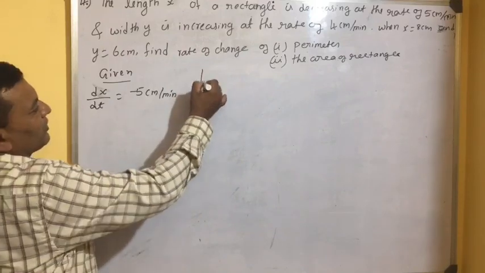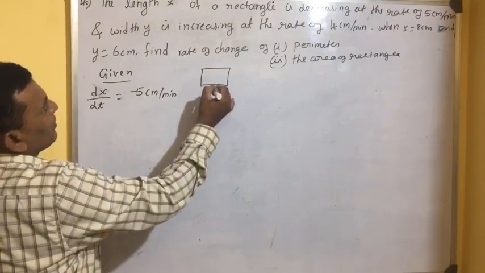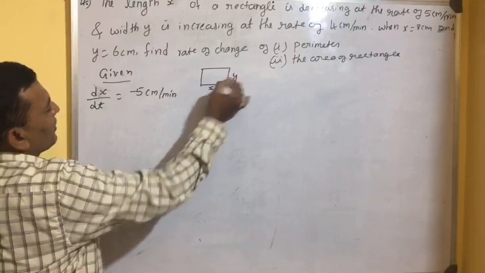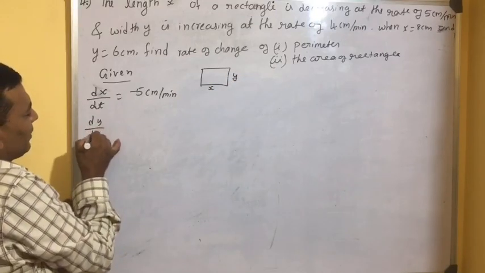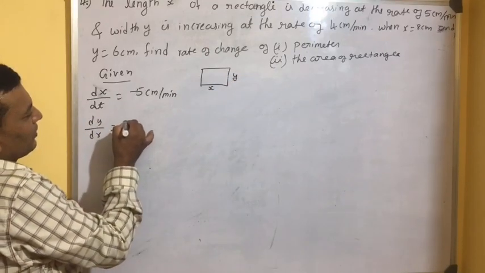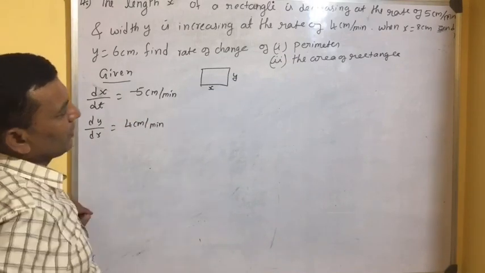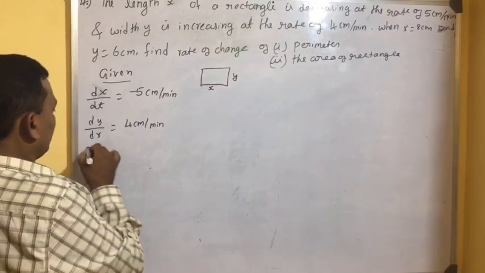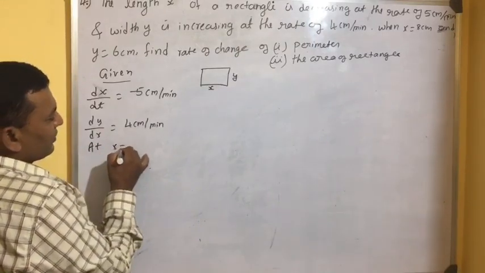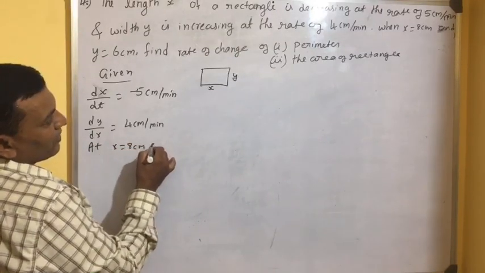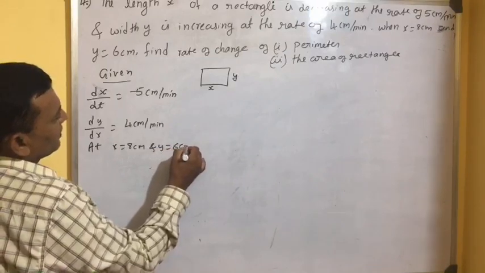If you imagine a rectangle, length is given as x, width is y. The width is increasing, so positive. It is 4 centimeters per minute. Now they have given x is equal to 8 centimeter and y is equal to 6 centimeter.